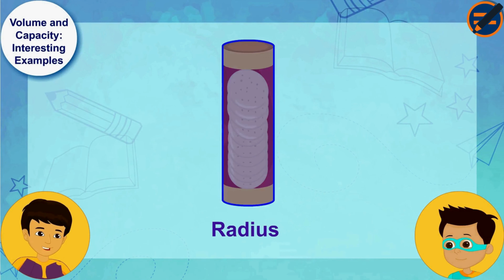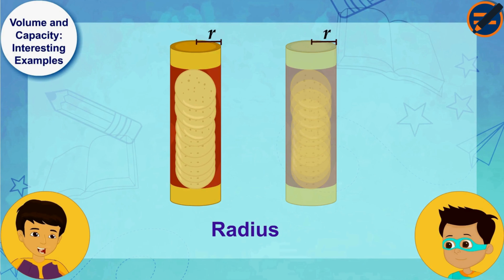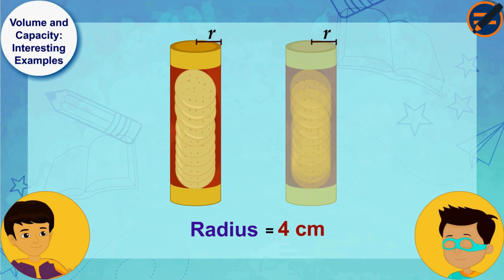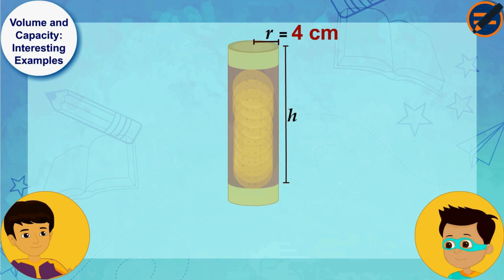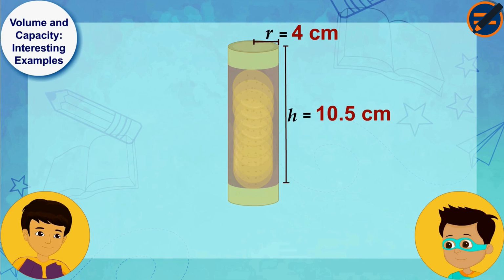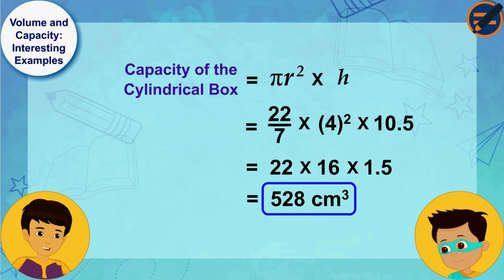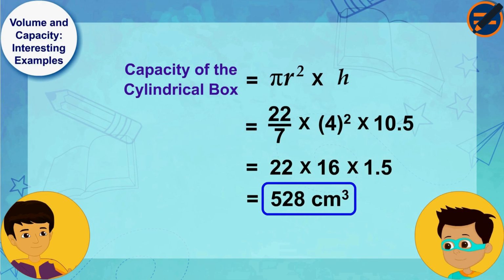The radius of the base of the cylindrical box for the inner and outer base is exactly the same, 4 centimeters. But its height up to the inner base is 10.5 centimeters. Now, on solving in this way, we can see that the capacity of the box is 528 cubic centimeters.